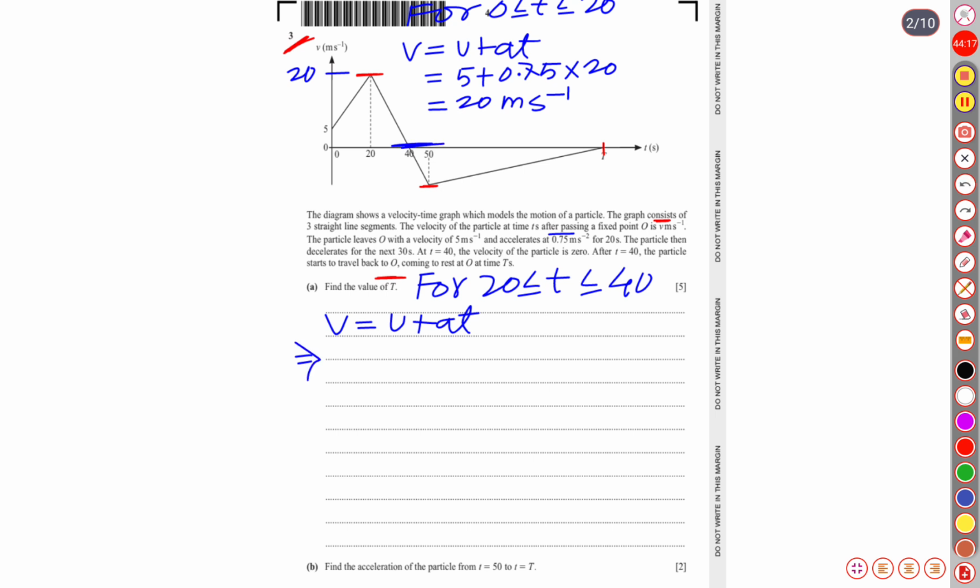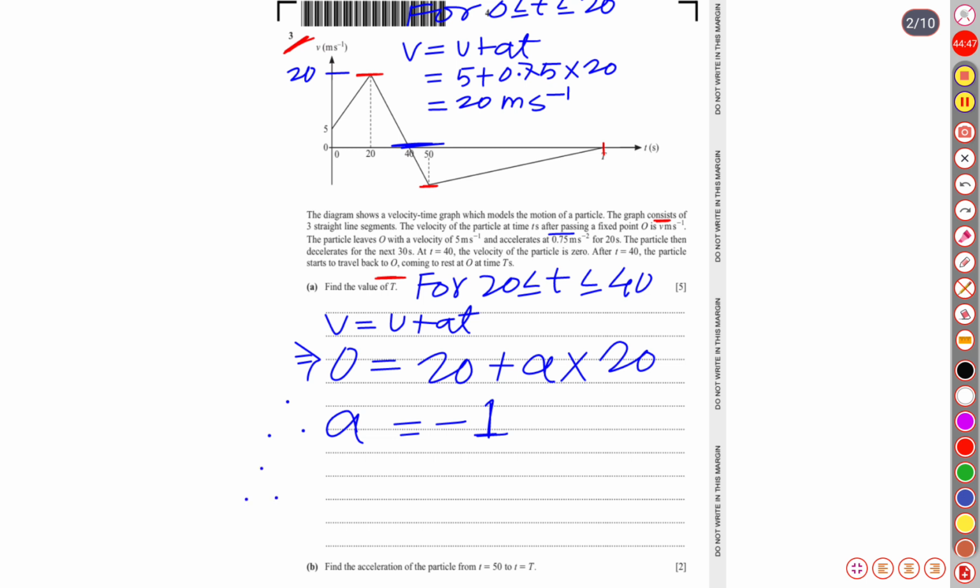So 0 is equal to the initial velocity 20 plus acceleration, which is to be obtained, times t. And how much is t? t is from 20 until 40, it is 20 seconds. Hence our a is going to be negative, since it is deceleration. If we divide 20 by 20, it is negative 1. So our acceleration is negative 1.